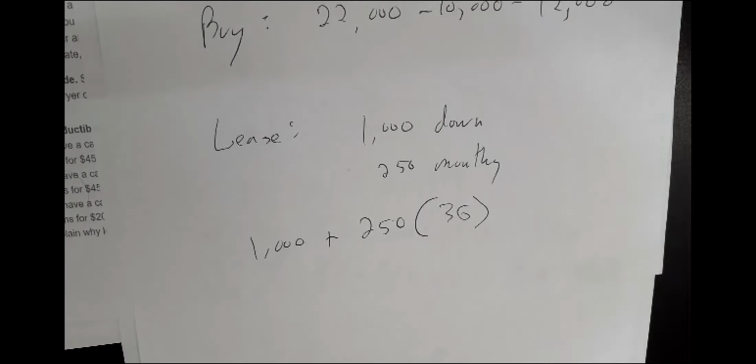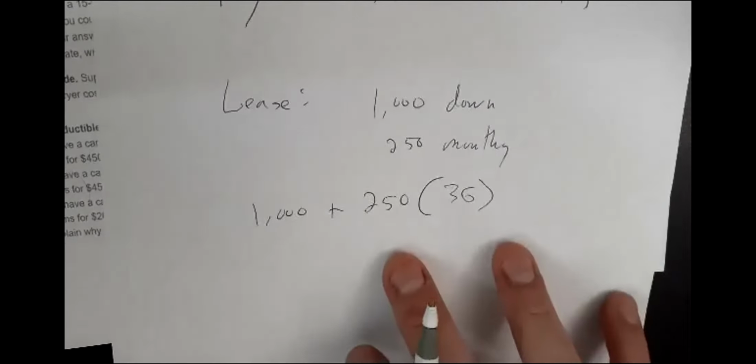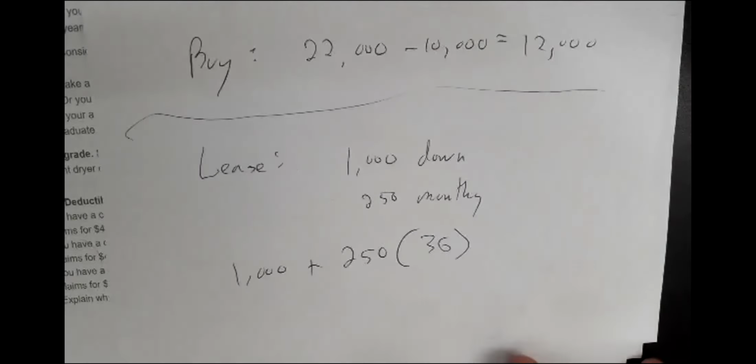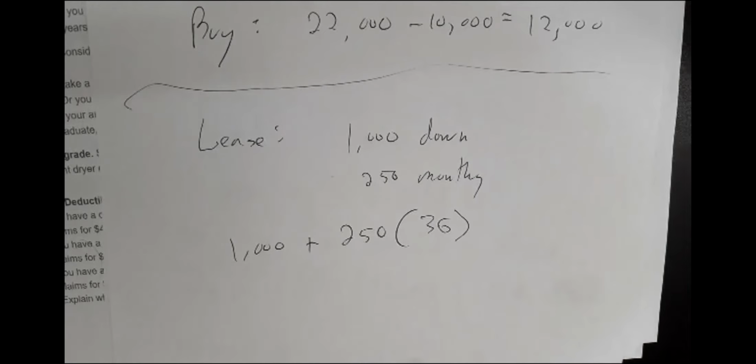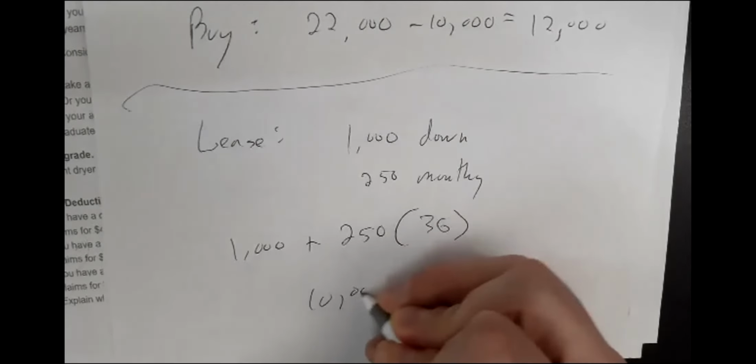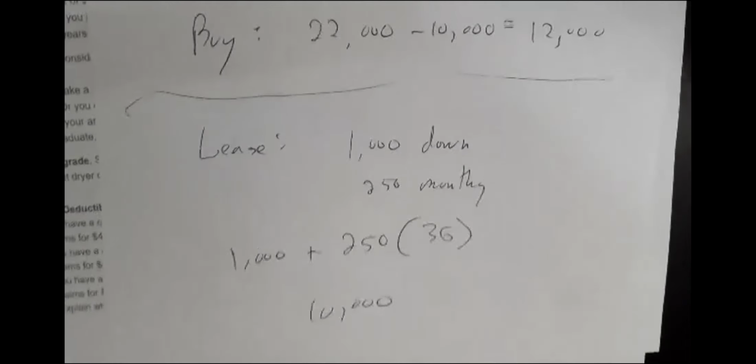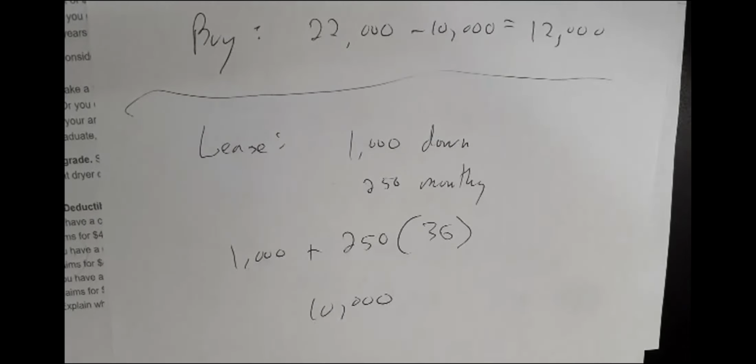They're not going to allow you to do that in reality, but maybe I'm wrong. If we end up spending $1,000 and $250 per week, that's $10,000 we're putting into this car. Or $250 per month is what I said, right? For 36 months.